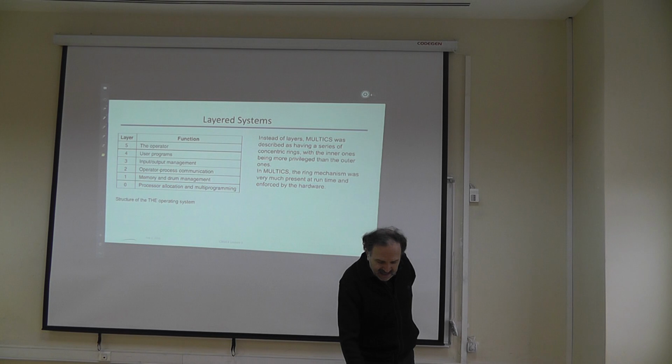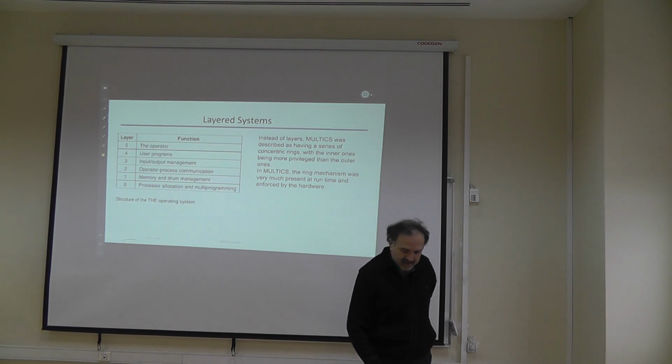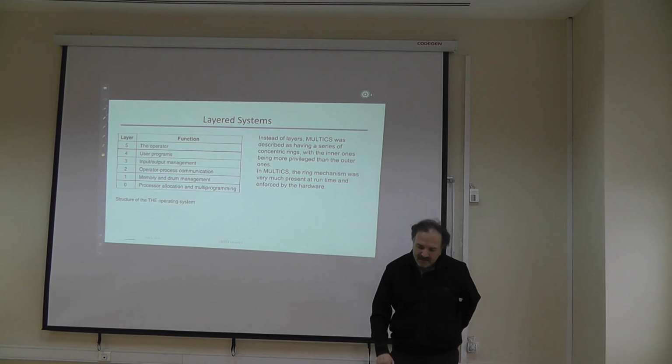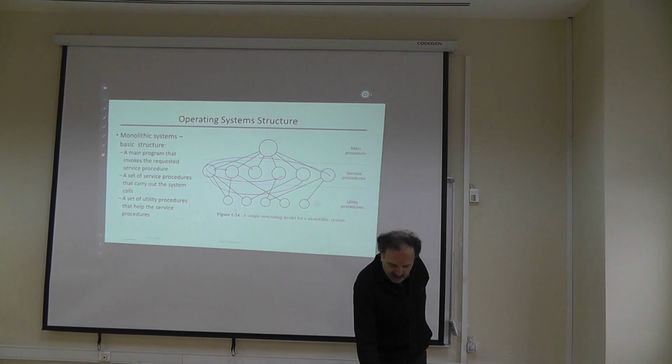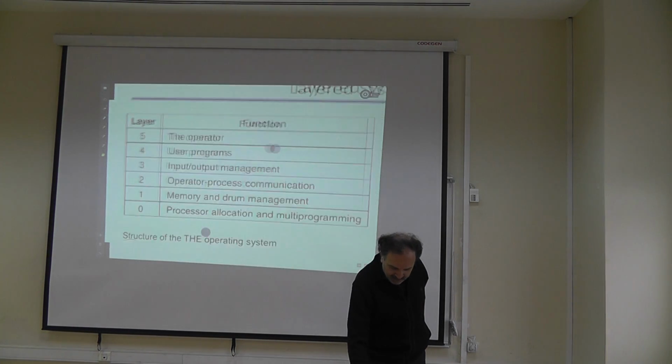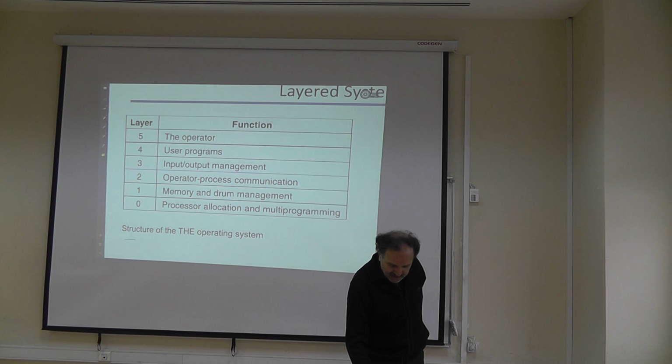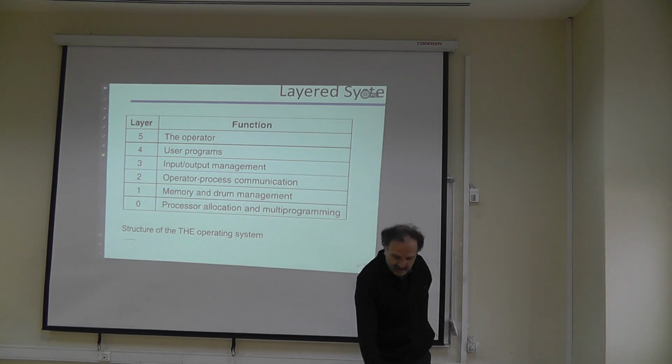So what else did they do? They said, okay, let's do this layered system. Layered system is similar to this one. There are layers in the operating system. For example, this is an example from the operating system. At the bottom of the layers, there is process allocation and multi-programming. On top of it, there is memory and disk management.